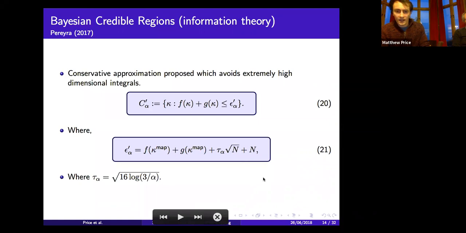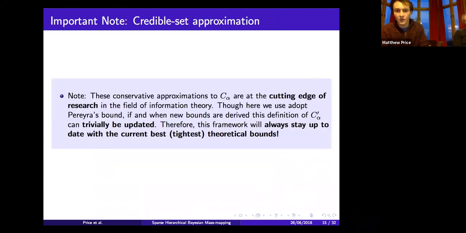Now, a caveat is these types of approximate HPD regions are at the cutting edge of research in information theory. But this framework lets you pick and choose whatever prior and likelihood you like, provided that the posterior is log concave.